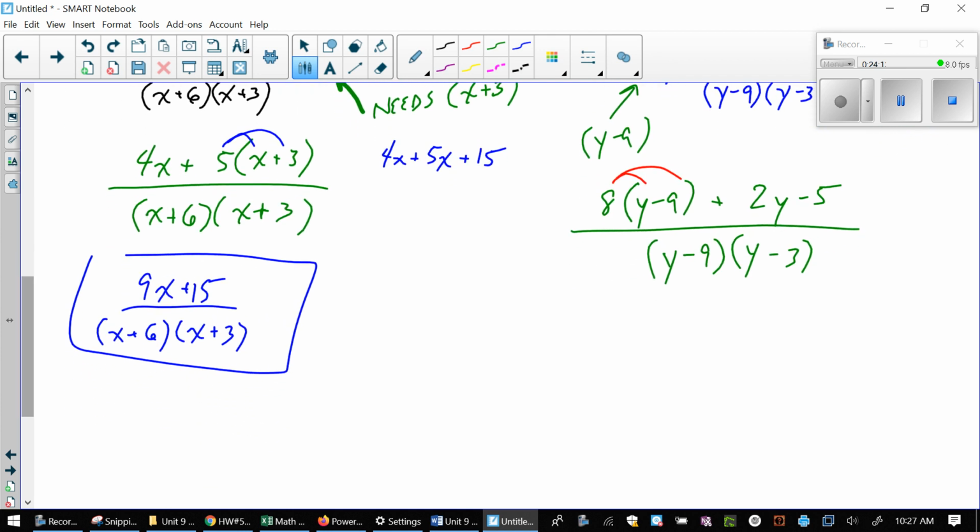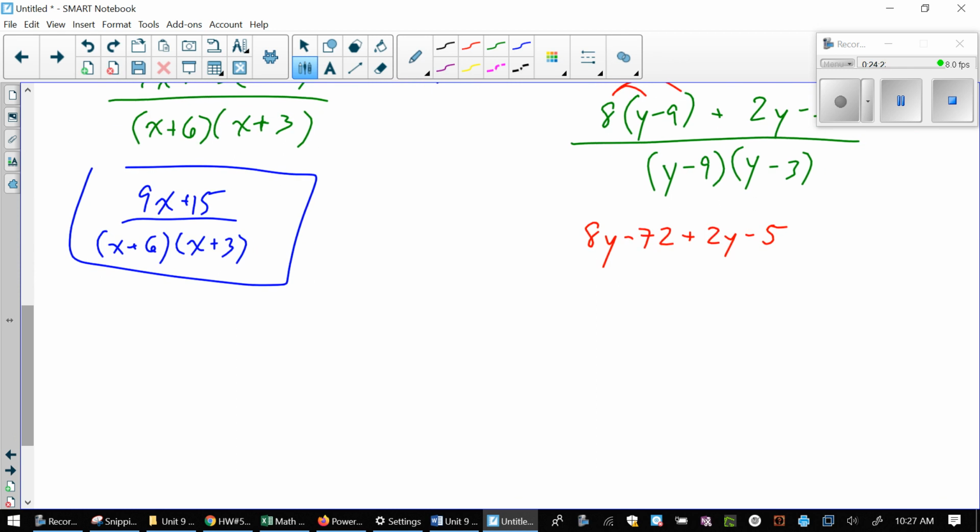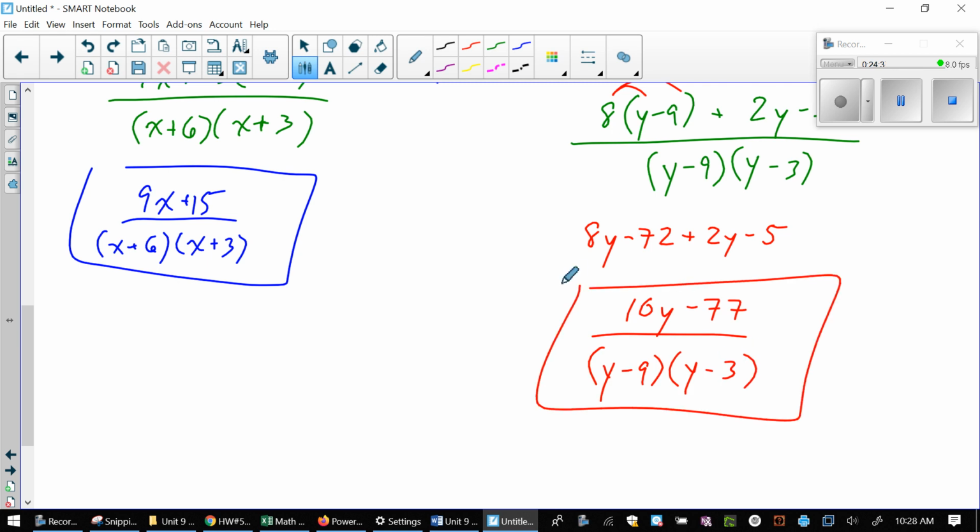It's all about factoring. All right, 8y minus 72 plus 2y minus 5 in my numerator. And when I simplify that, 8y plus 2y gives me 10y. Negative 72 minus 5 gives me negative 77. And in our denominator, y minus 9 times y minus 3. All right, and there we go.